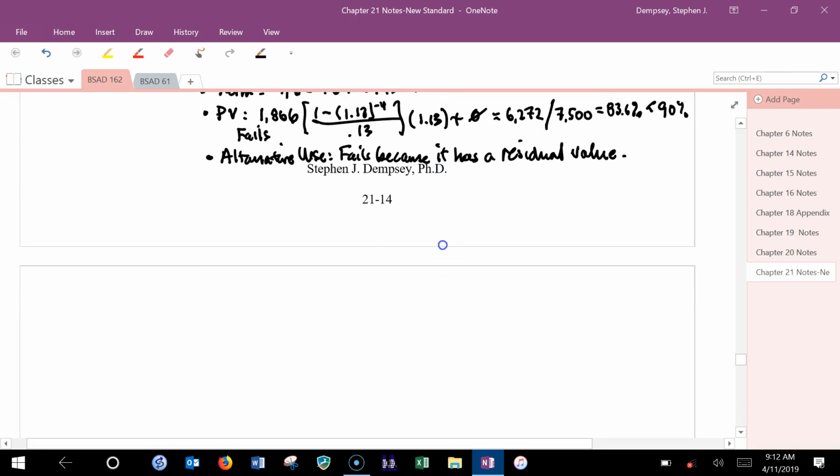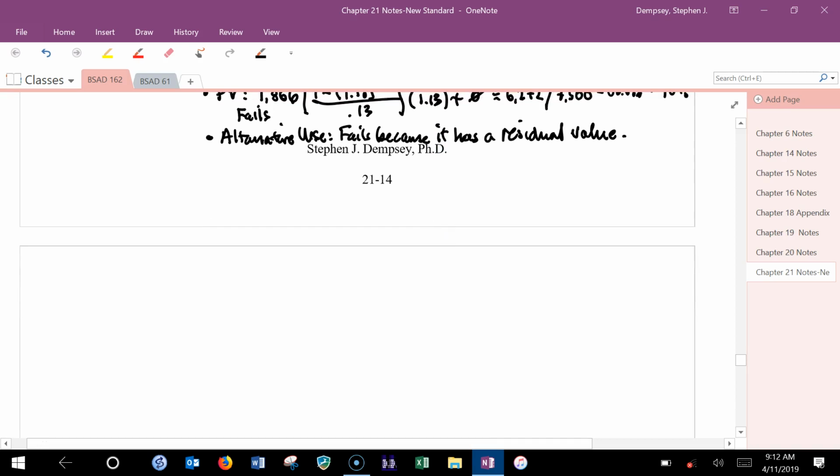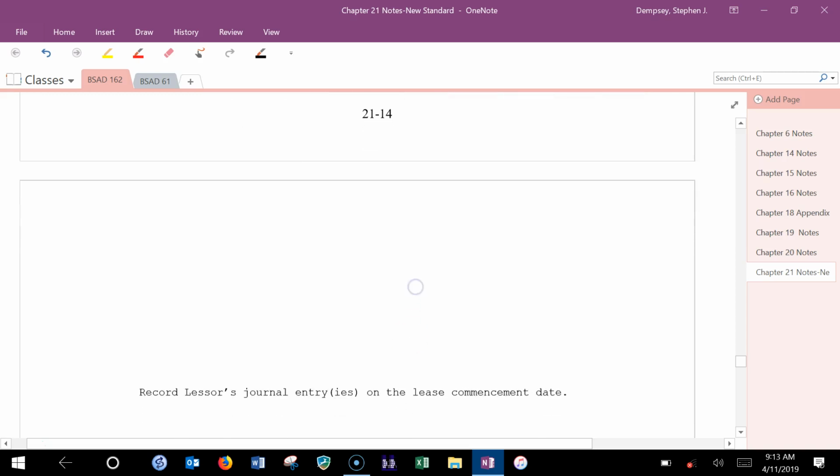So, on the next page, you got room to make a note. So, does not pass any of the sales type lease tests for the lessor.